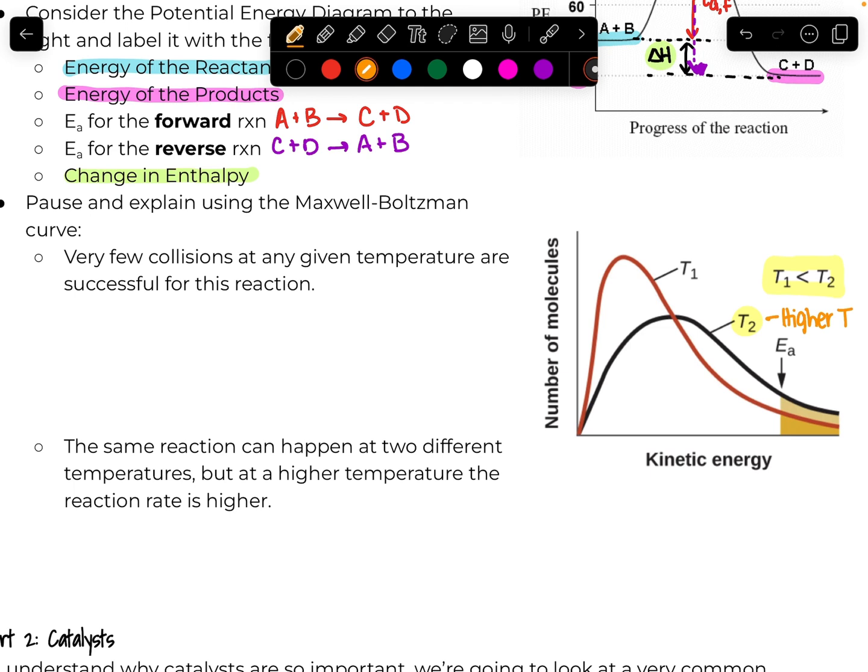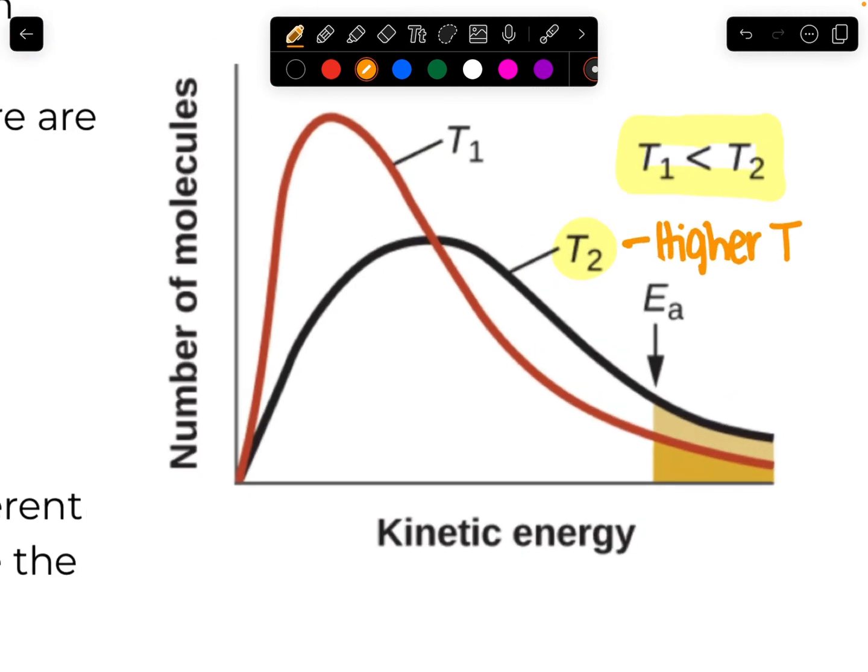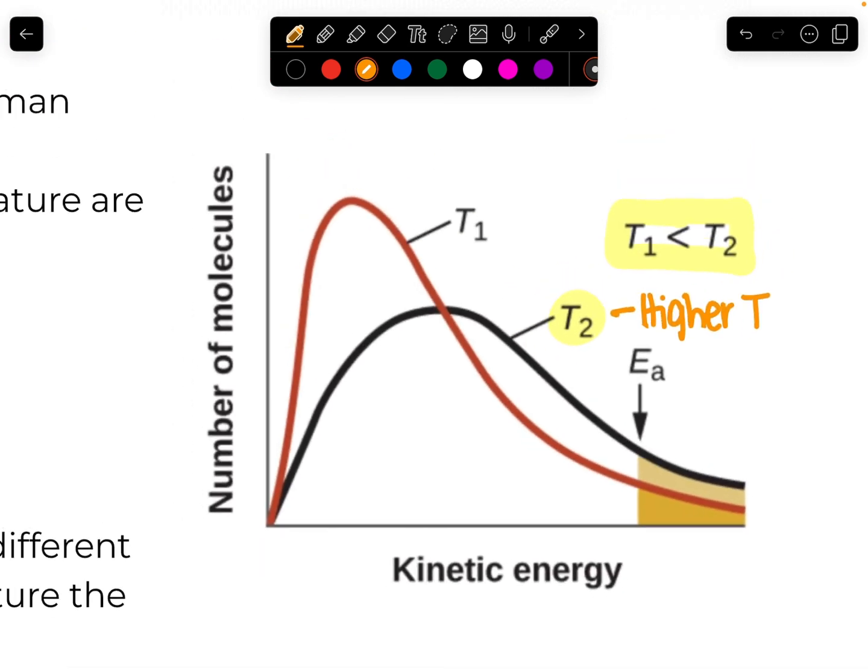It asks us to explain, using the curve, why very few collisions at any given temperature are successful for this reaction. So let's go back and take a look at our curve a little bit more. Remember that the peaks of our curves represent the average kinetic energy of our molecules.